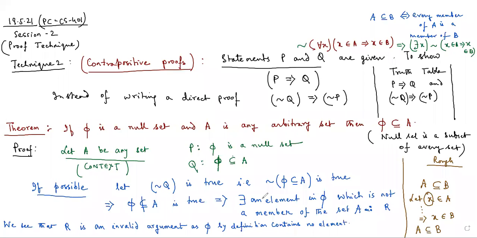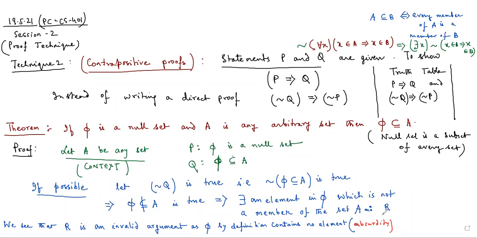So somewhere at some place we have done something wrong. That's why we have come to this absurdity. I am calling R an absurdity. I have come to this absurdity because of something which has been stated wrongly.